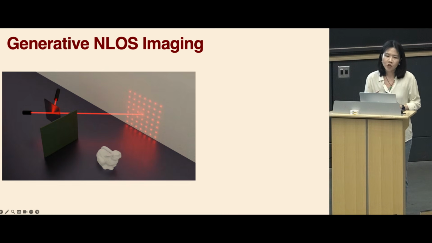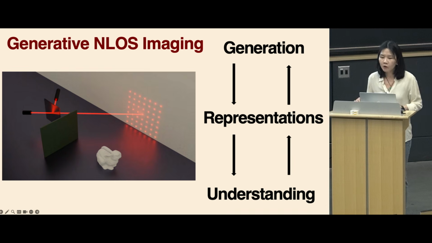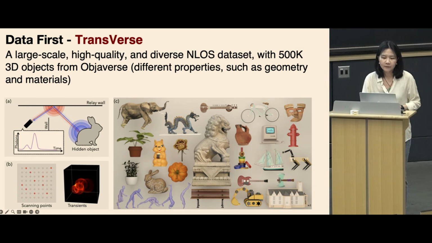Coming back to NLOS, I have talked about the neural representation. How about feature encoders and decoders for tasks such as understanding and generation? We first construct Transverse, a large-scale synthetic NLOS dataset.